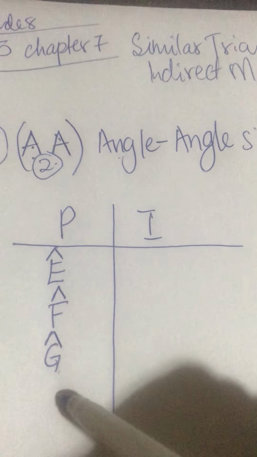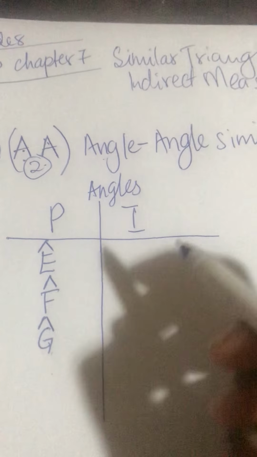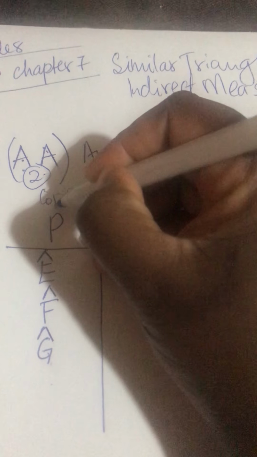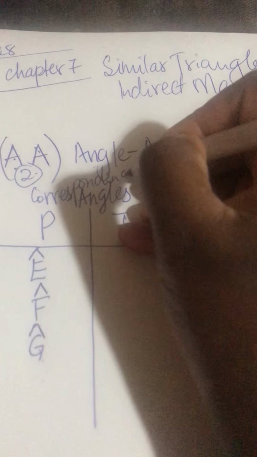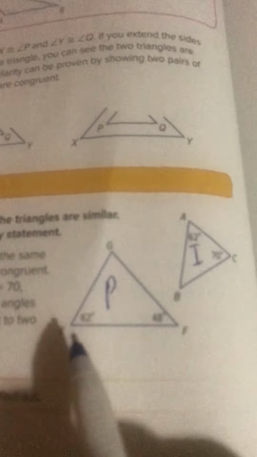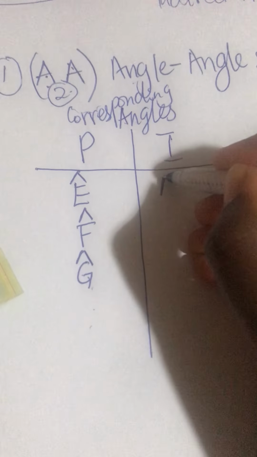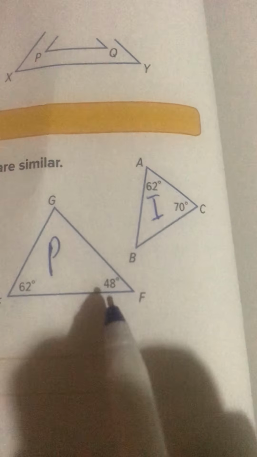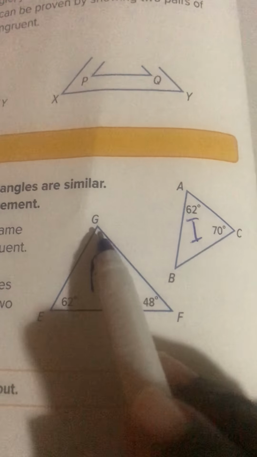Put here angles, because now you're going to forget. Corresponding angles. EFG, and you come here. Who is 62? A. So angle E goes with A. Who is 48? I don't know. Who is 70? I don't know.